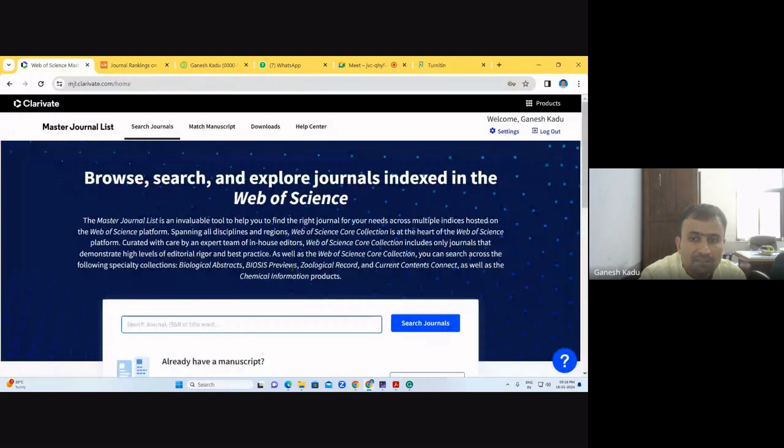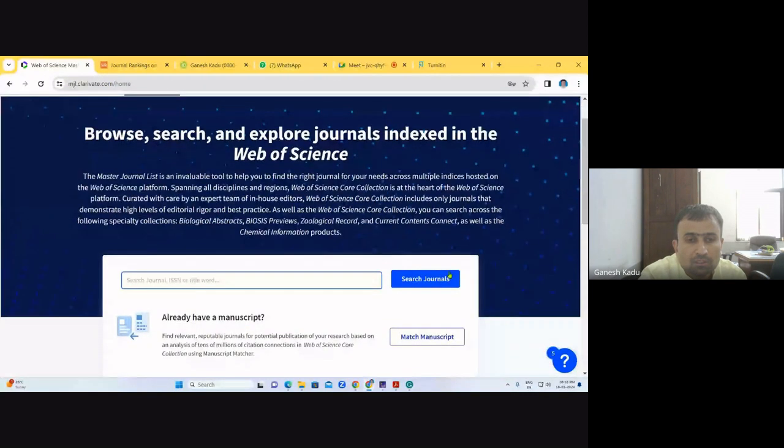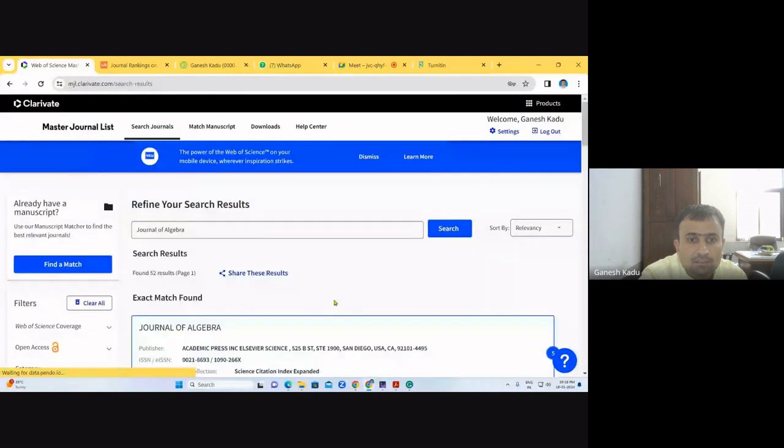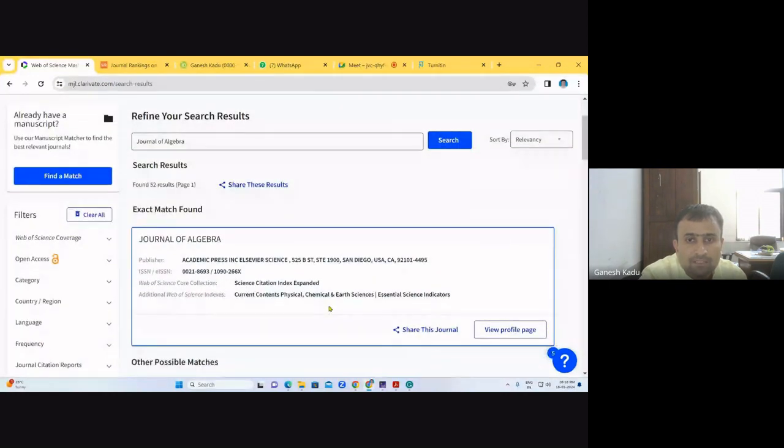Another database that is important is Web of Science by Clarivate, where you can search for a particular journal, let's say Journal of Algebra. This is the Web of Science, and it tells you various details: the publisher, the ISSN, whether it is part of the Web of Science Core Collection.